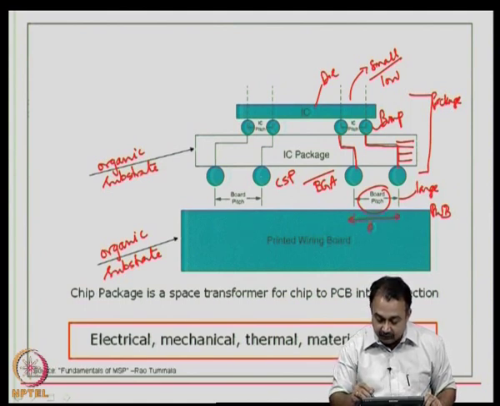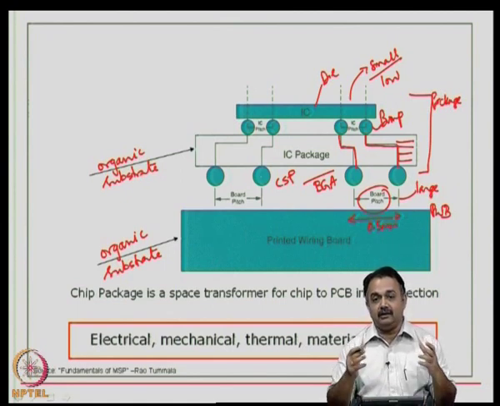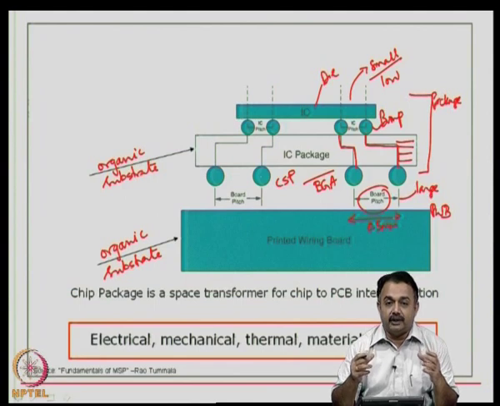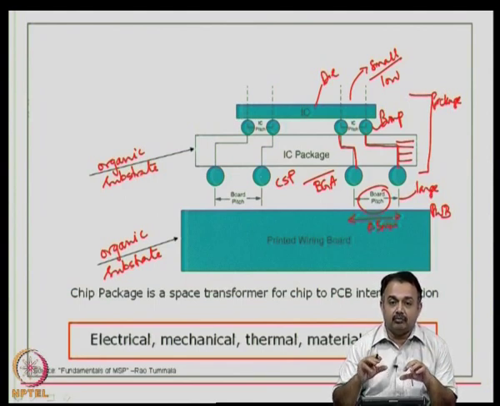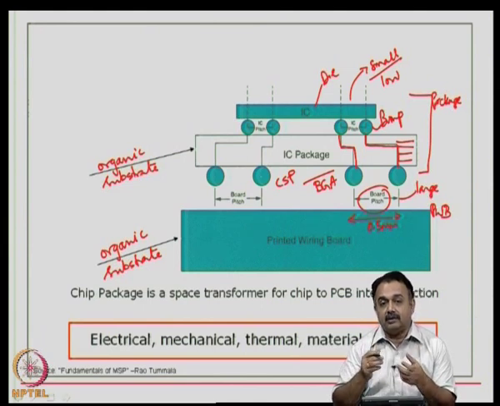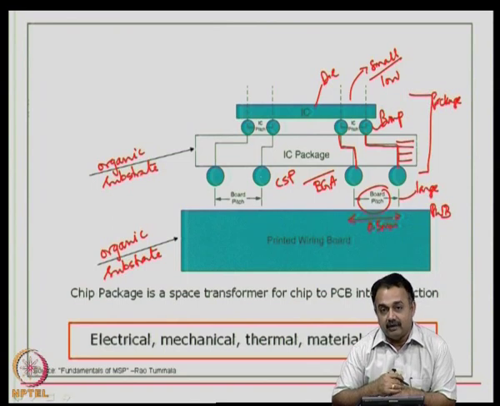These are advanced packages, and you are able to handle this kind of pitch. Let us say this is 0.5 mm or 0.3 mm. You are now able to handle this size of pitch when you look at technologies available to mount this particular device onto the printed wiring board and establish a second level interconnect.